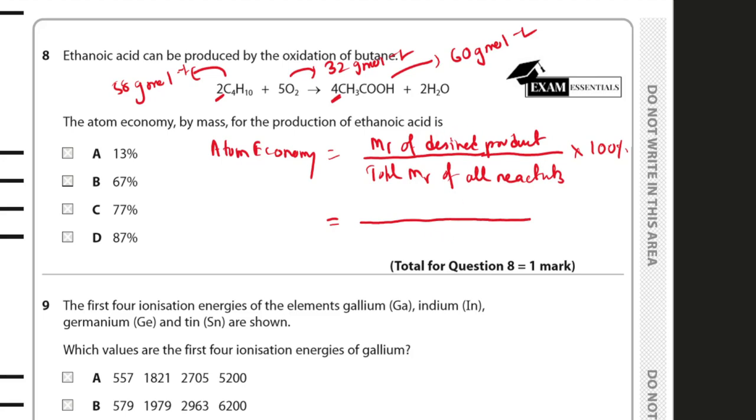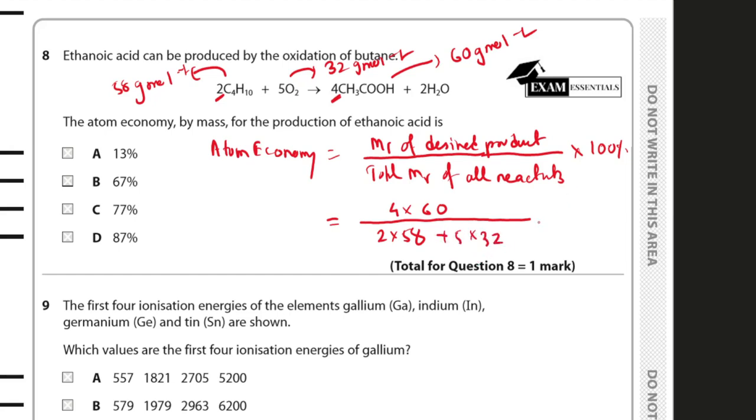The desired product here, you can see very clearly, is ethanoic acid. So we'll multiply the number of moles provided down here with the molecular mass which we just found, in order to get the total mass of ethanoic acid. That will be 4 times 60 divided by 2 times 58, because there are 2 moles, plus the other reactant, oxygen, which would be 5 times 32.